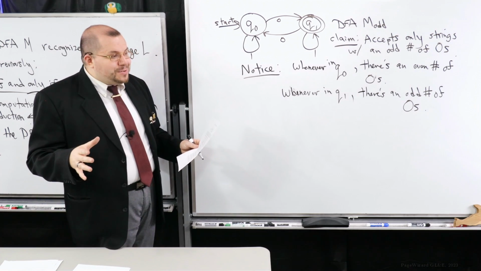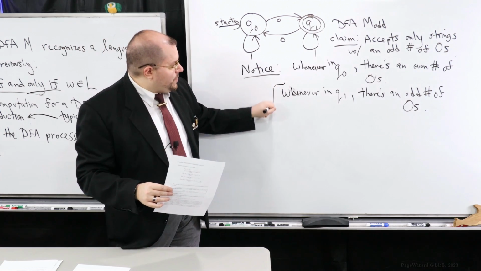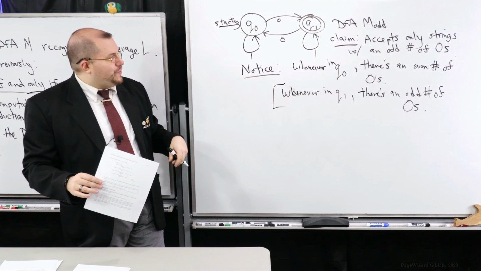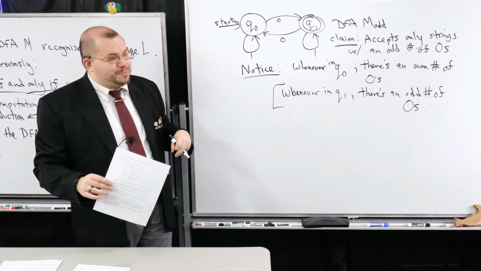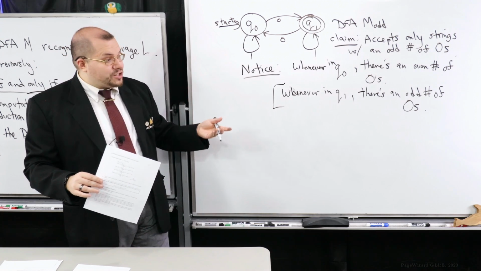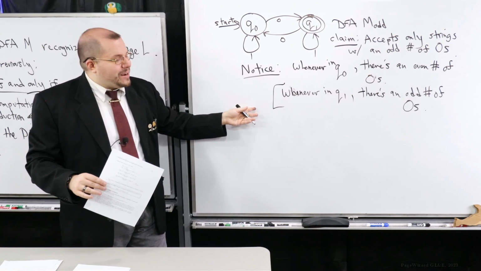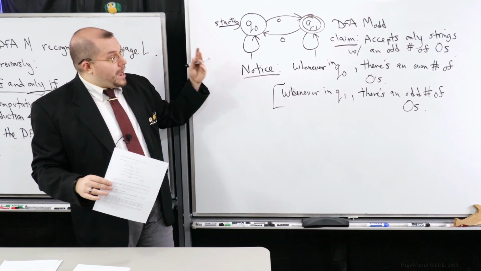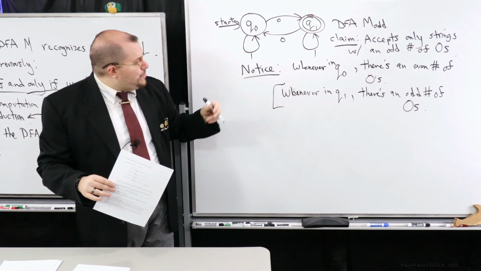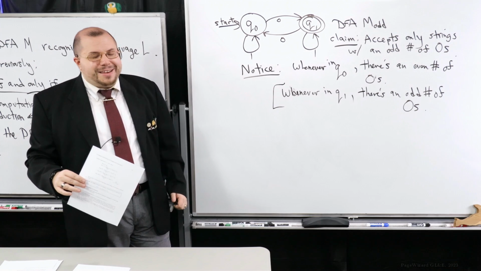And if we do, at all stages we have this property, then most certainly we get this one for free, right? Because Q1 is the accepting state, and that's exactly what I want to prove. If I can prove that both of these properties are in play at every point of execution of the DFA when I read a string, then most certainly we've proven the claim. All we have to do is point out that M-odd's final state has only one, it is Q1, and the invariant says it has an odd number of zeros.